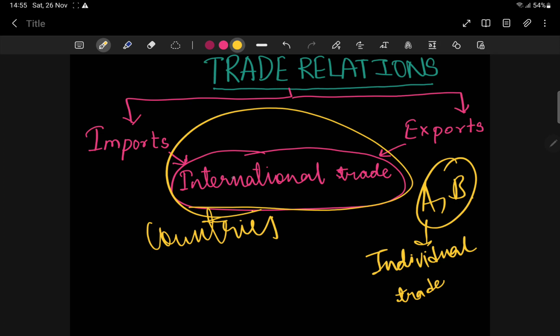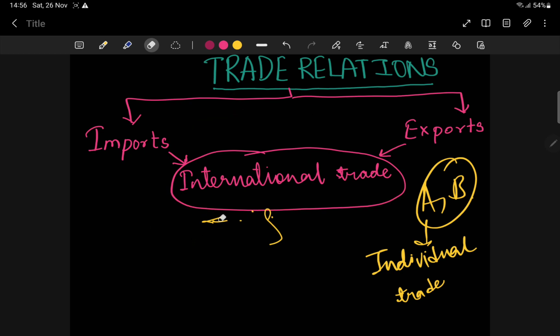If there is trade existing between one country and another, or two or more countries, that particular thing is called international trade. The exchange of goods, that is the trade relations among countries, is known as international trade.